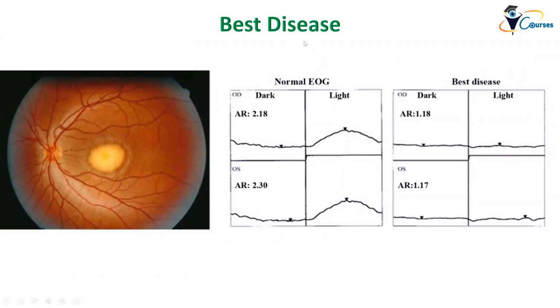Best disease is one of the common macular dystrophies, and the advantage of the electrooculogram is that it is not only able to diagnose a case of Best disease where the patient can present with normal visual acuity, but it will also detect the carrier state, even if the patient doesn't have any fundus pathology, even if there is no macular pathology.